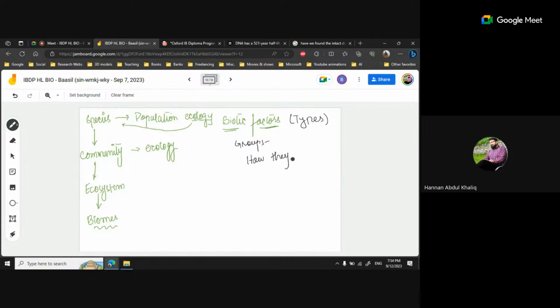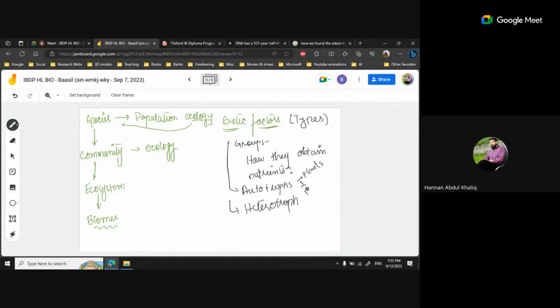You remember the five kingdom system? We had autotrophs and heterotrophs, right? How they obtain nutrients. So the very first criterion of the biotic factor is autotrophs, and the second one is heterotrophs. Autotrophs obviously include the plants as well as the planktons.